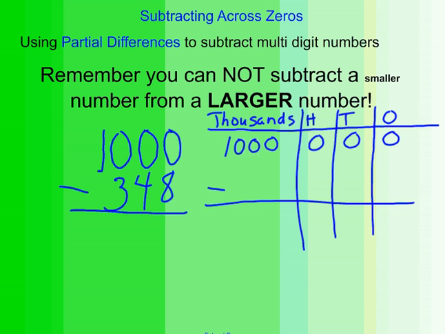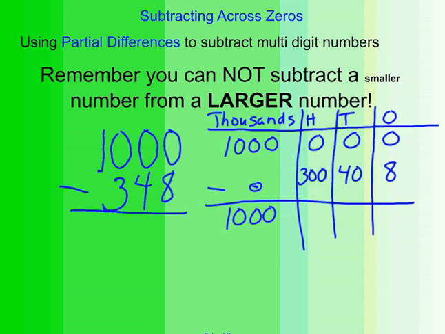Then I'm going to go to my number 348 that I'm subtracting from 1,000. I have no thousands. I have 300 in the hundreds place. I have 40 in the tens place, and I have 8 ones. Now I'm going to subtract. I'll start with my thousands. 1,000 take away 0 equals 1,000.